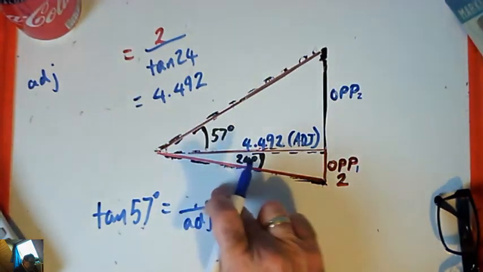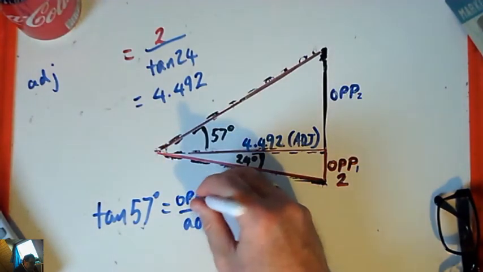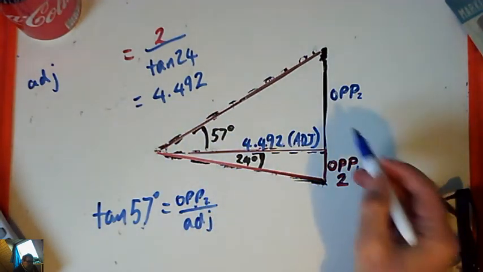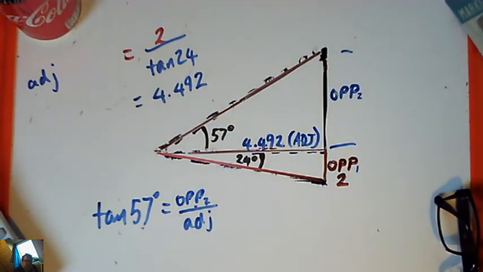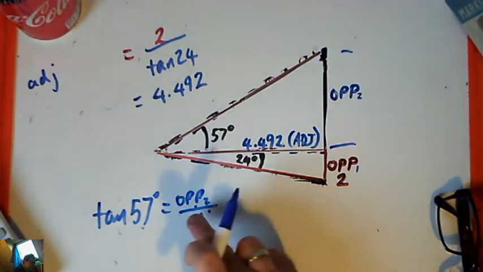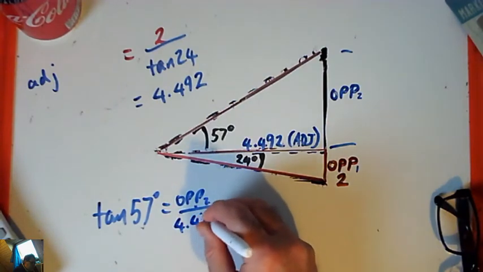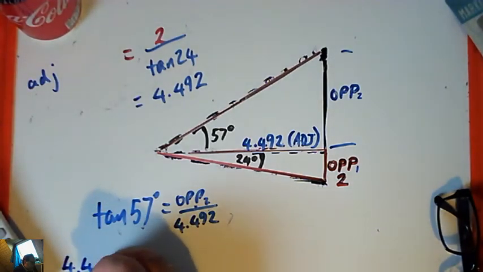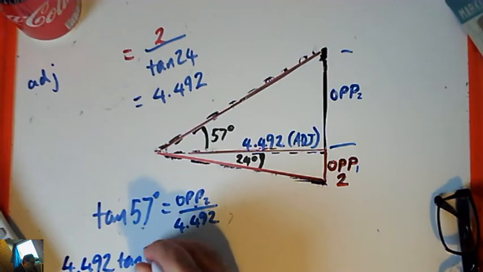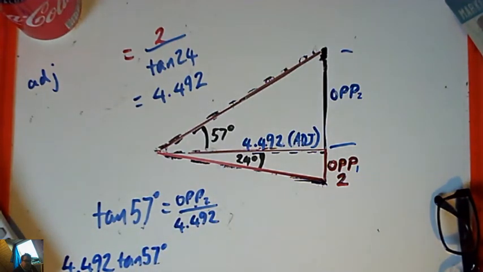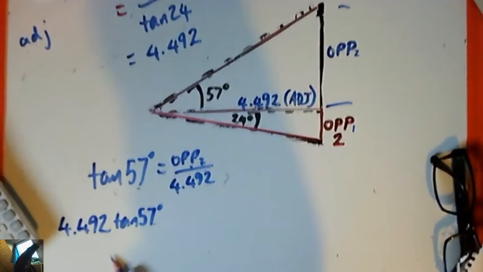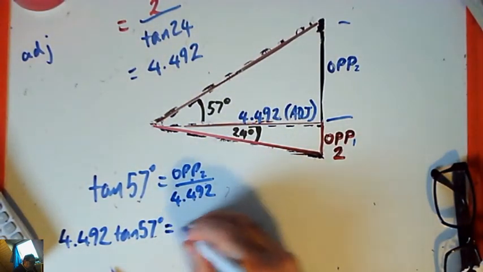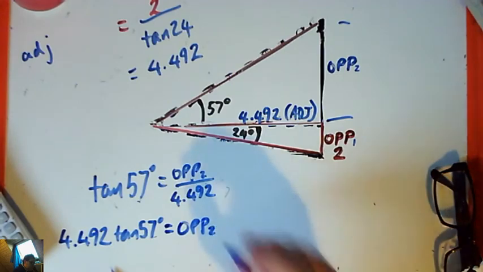The opposite is, well, this thing that I've decided to call opposite 2, from there to there. And the adjacent is the slightly over accurate 4.492 that I worked out. So if I multiply both sides by the 4.492, I get 4.492 times tan 57 is equal to opposite side 2.